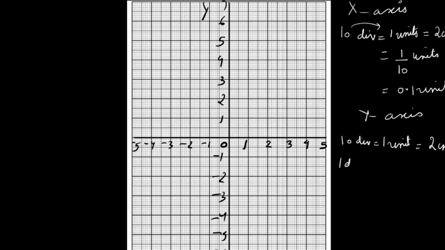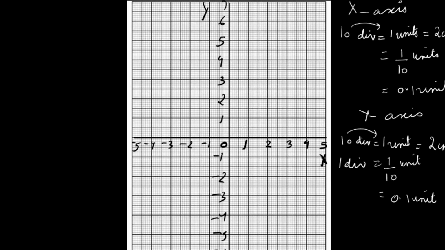So 1 division is equal to, this 10 will shift to this side, so 1 by 10 unit, which is equal to 0.1 unit. Whenever you are doing a graphical question, make sure you are writing the graph scale, whether this is a question of reflection or a question of statistics.